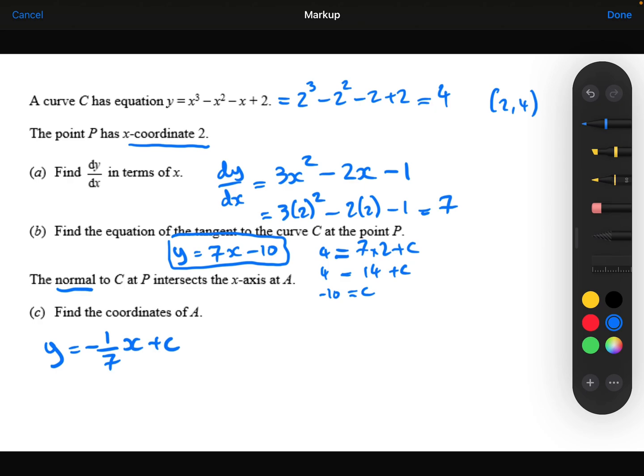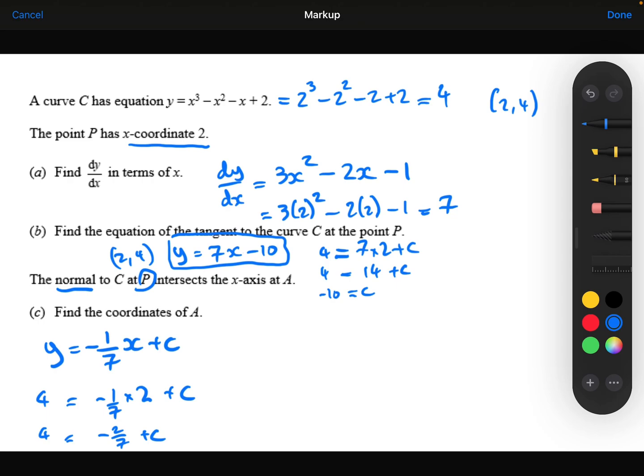It is the normal at point P, which remember was the coordinates 2, 4, so that we can substitute that same coordinate in. So 4 equals minus 2/7 plus c.